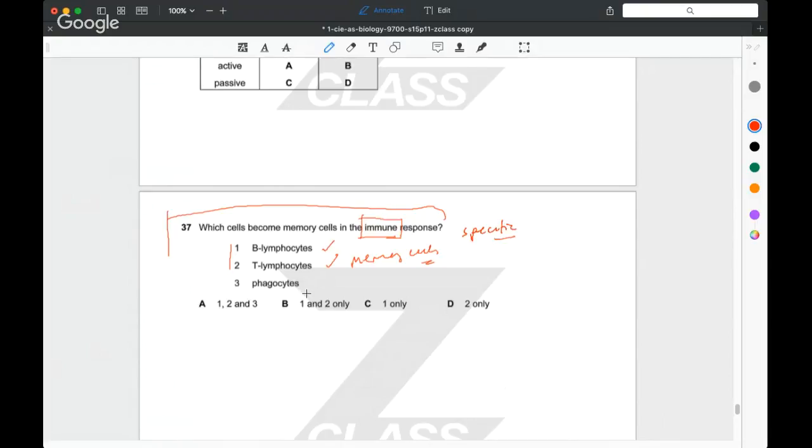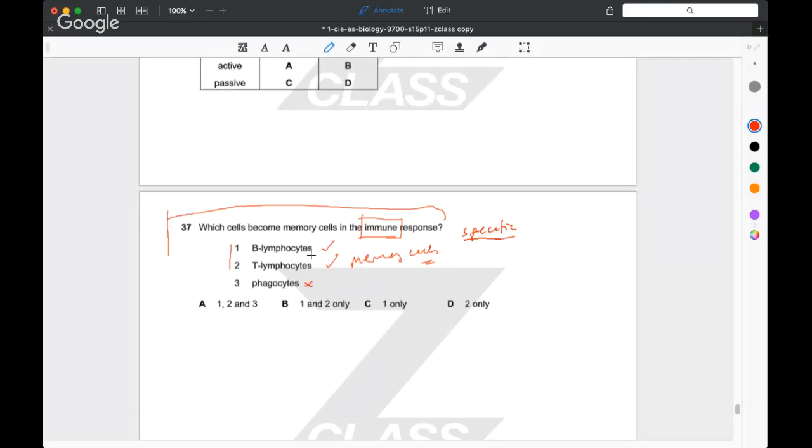Whereas the phagocytes are part of the non-specific immune response. And so the memory of the specific non-self antigen that was dealt with in a particular immune response, because it's a memory, it has to be a memory of something specific. So that excludes the phagocytes, such as the macrophages.